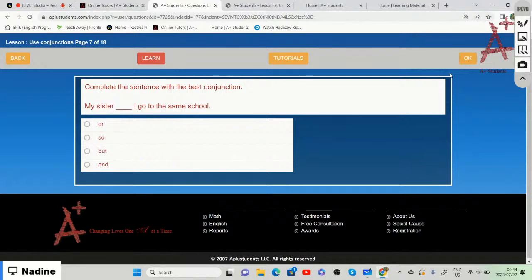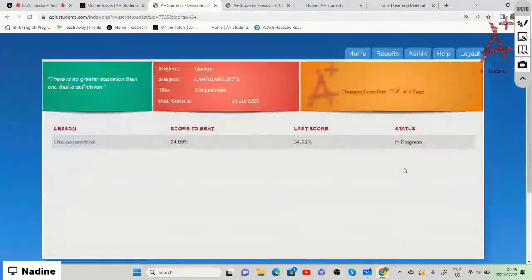All right, so if we choose and, then we can say my sister and I, right? So my sister and I, we go to the same school. All right. So that is basically the use of conjunctions, within the chapter of conjunctions.